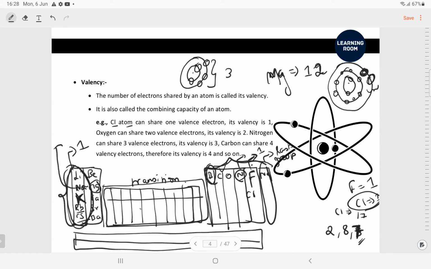Fluorine is a non-metal, and it needs stability. So wherever there is 1 electron, it will go and attract it and become stable. Till then, fluorine will be fighting, quite violent. That is why it is known as highly electronegative.